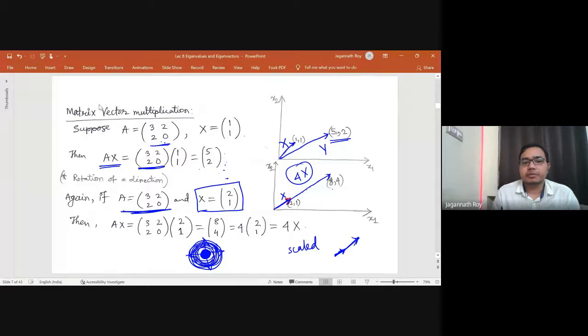If you think in vector terms, this is also scaling. Either you magnify it or you can shrink it.